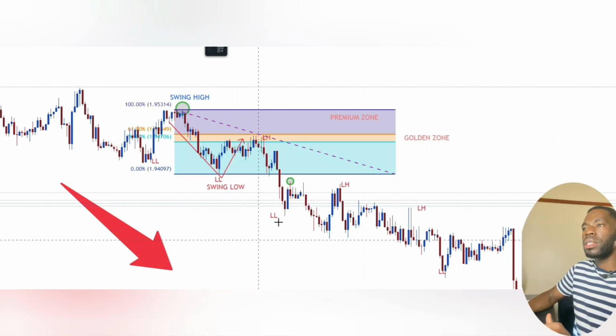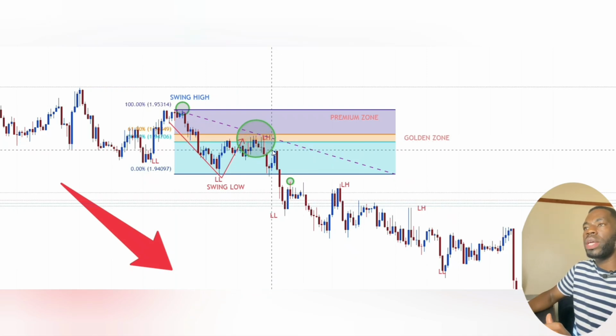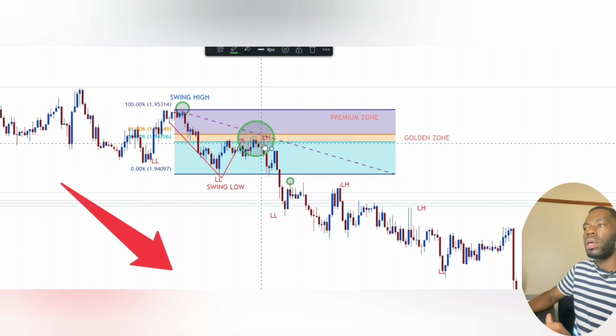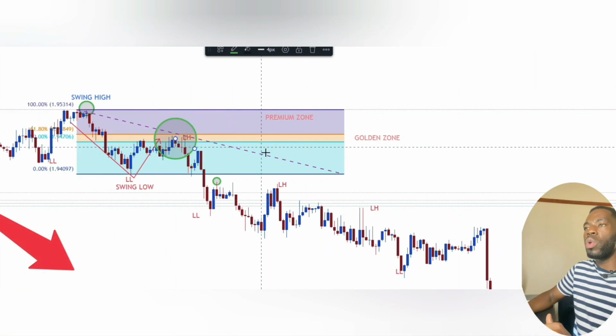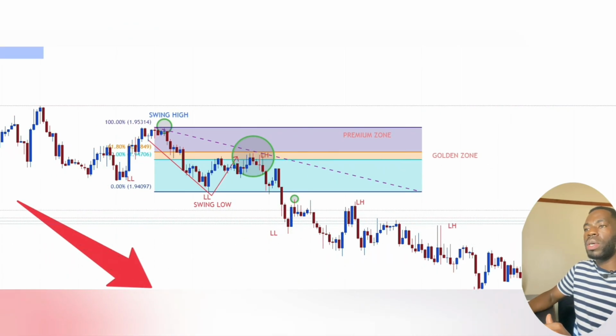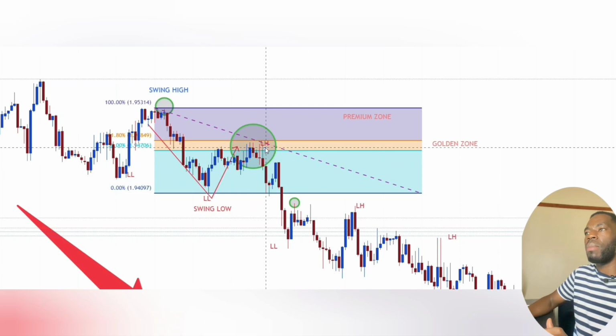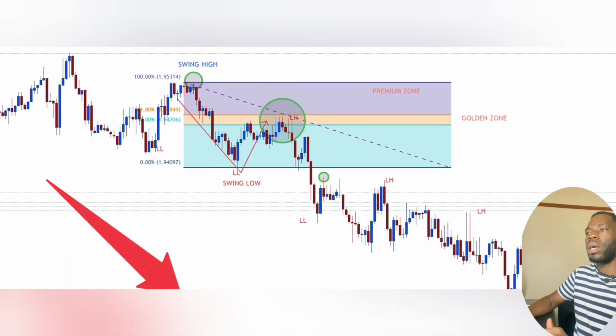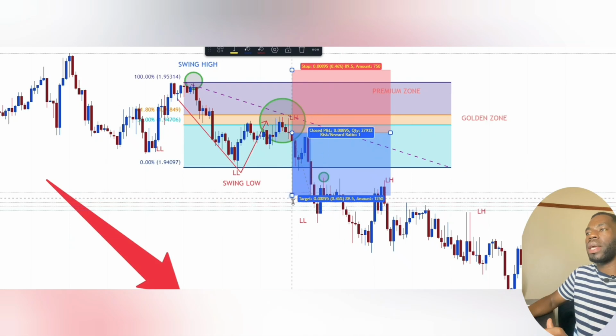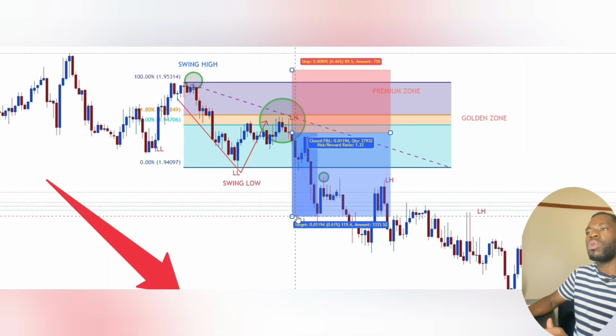We can see this candlestick formation with long wicks, this rejection at the golden zone. So we would place our sell position, place our stop loss just above the premium zone, and target a 1 to 2 risk to reward ratio. Something like that, and this trade would give you a win.